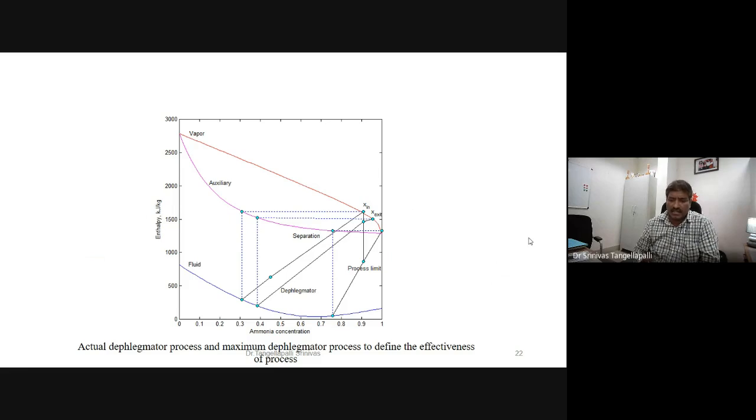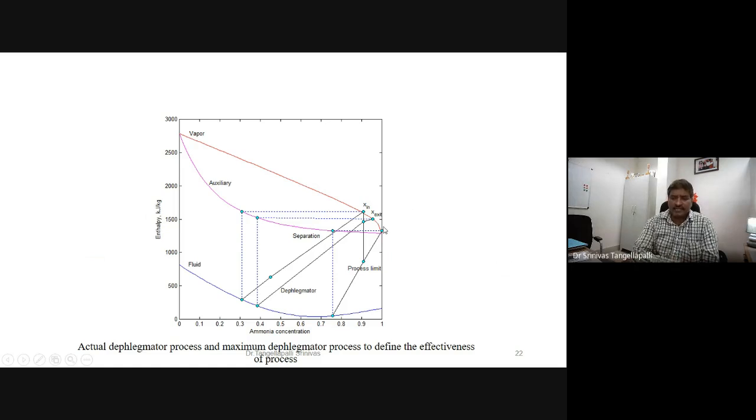Yes, now I am saying this term, effectiveness of depleting matter. The effectiveness of depleting matter you may define with X in and X exit, and X at the maximum limit, which is 100%.